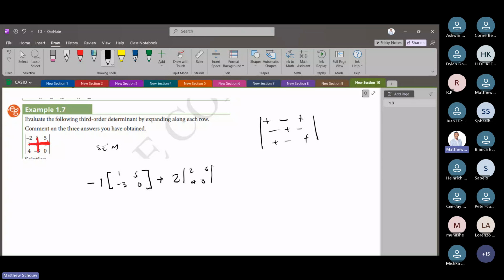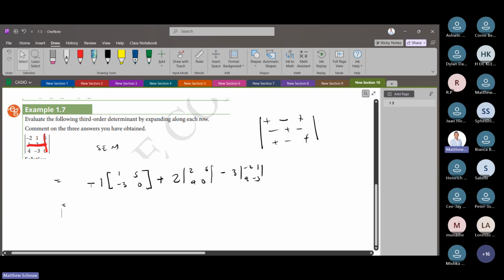And then the next one is going to be, what's the element? 3, right? So we keep the sign. The element is 3, and that one and that one. Okay, so that's 2, -2, 1, 4, and -3. Can you guys compute the determinant for me? And colleagues, can you see the sign? The sign only comes here in the front.